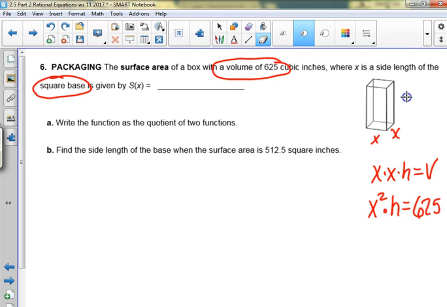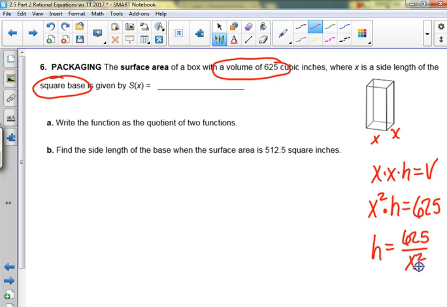What could I write in place of that h? Solve this for h, guys. H equals 625 over x squared. Does everybody see that? I know you wouldn't have known to do this, but can you see? So we have the volume divided by x squared would give us the height.